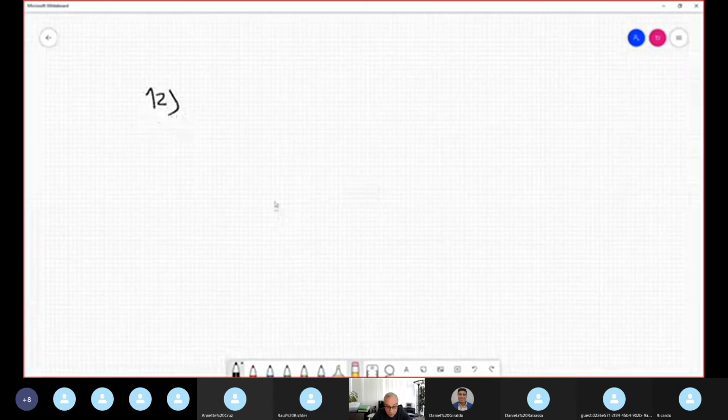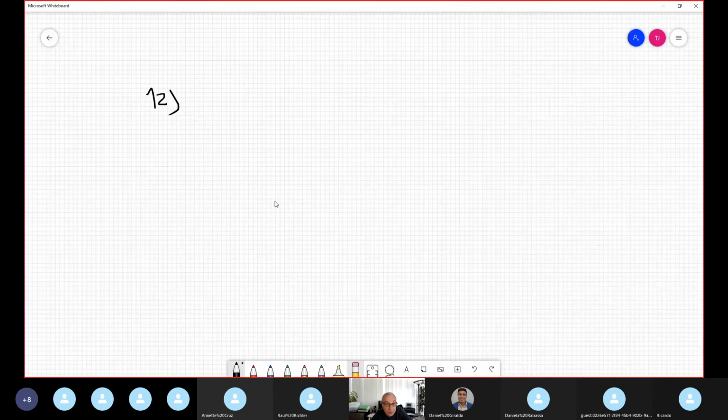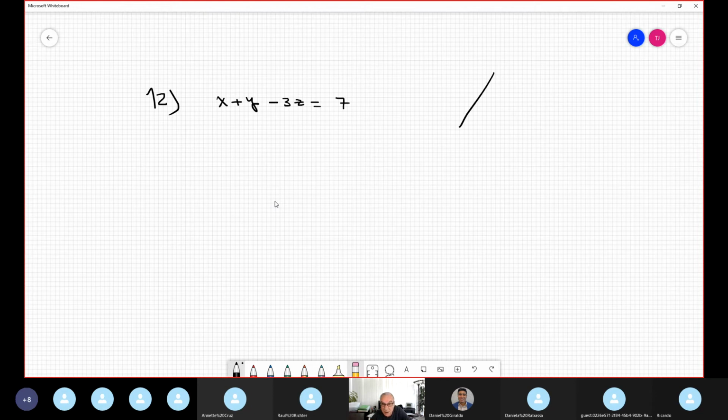Okay, one plane is given, which is x plus y minus 3z equals something. I don't see clearly, in my paper it's 7. This is the equation of the plane.